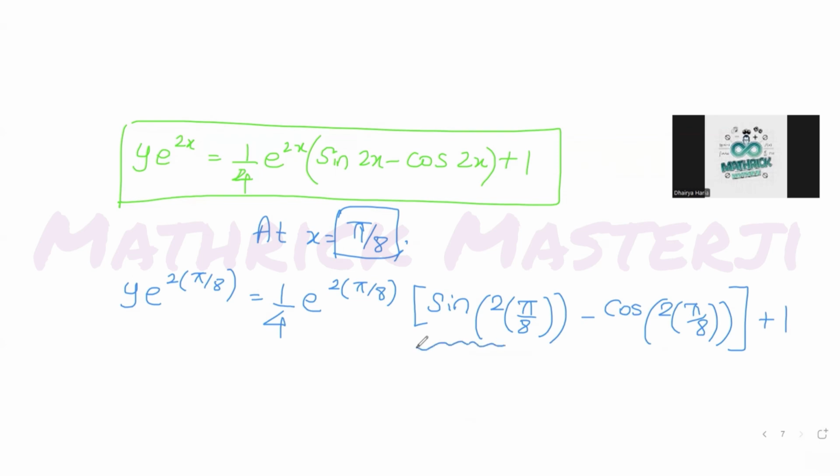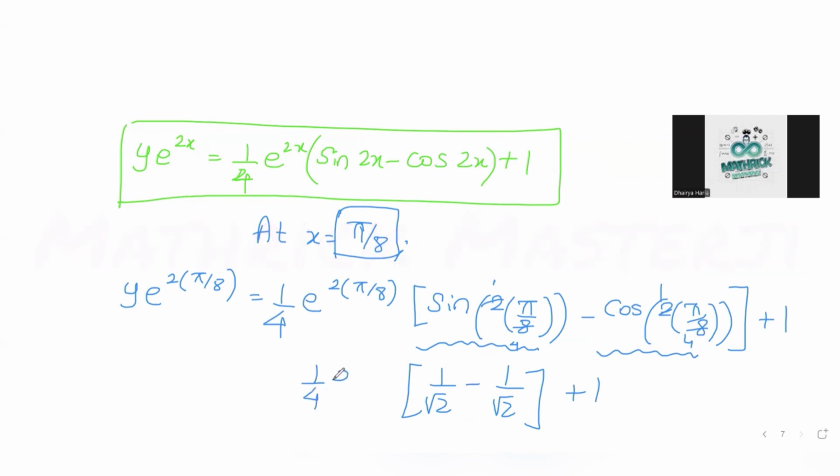So let's try to figure out. I get this is sine pi over 4, cos pi over 4. So sine pi over 4 and cos pi over 4 are equal to each other. So if I have a subtraction between them, this 1 over root 2 minus 1 over root 2, which basically becomes 0. So 0 multiplied with anything would make it 0. So I have y e raised to 2 pi over 8.